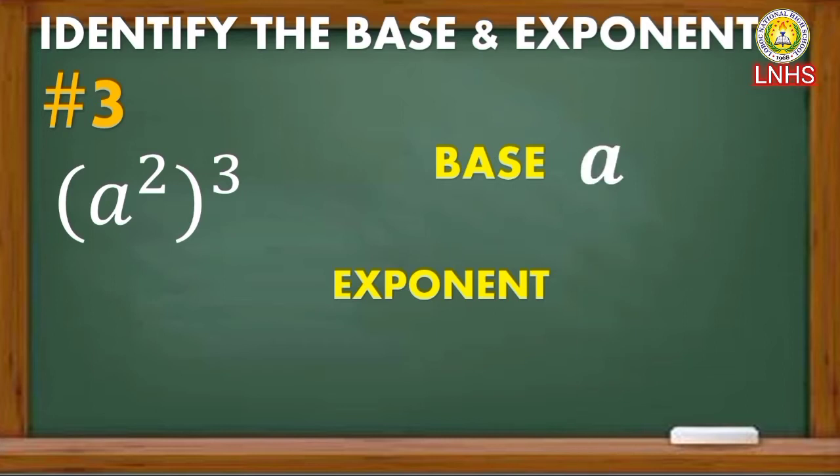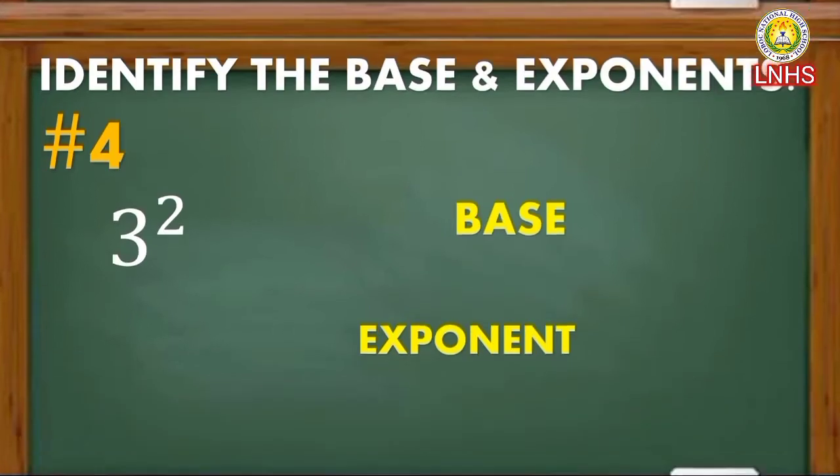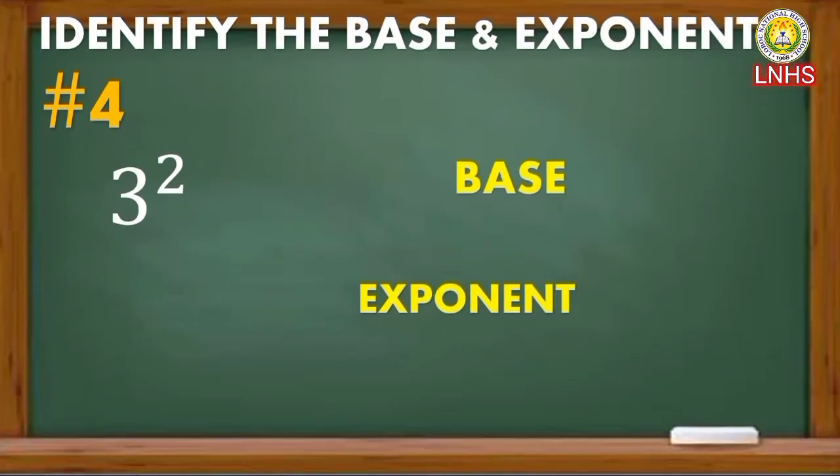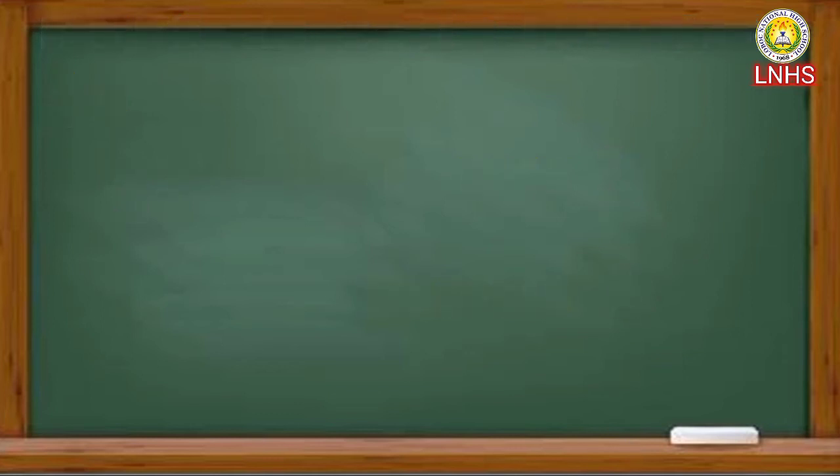Our base is a and our exponent is 6. Number 4. 3 raised to the power of 2. Our base here is 3 and our exponent is 2. Now that's the end of our oral number 1.